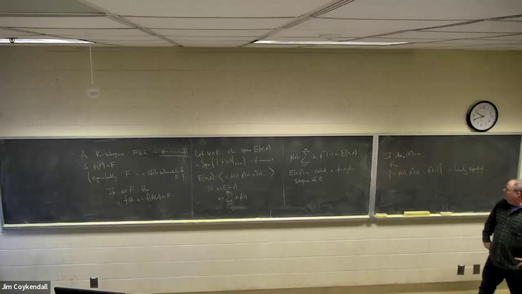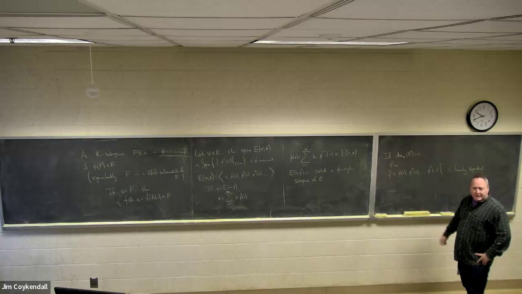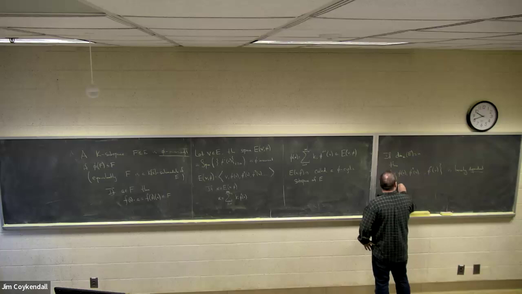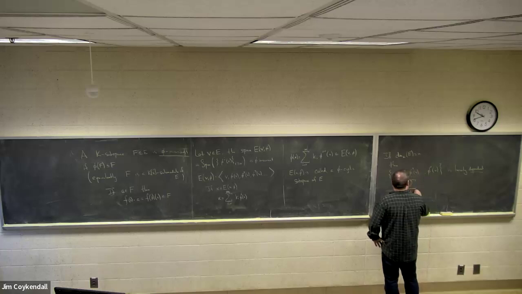Right? Because this is a set of n plus one elements, so it has to be linearly dependent. What does this mean? Well, this means that some element can be written as a linear combination of the previous ones.